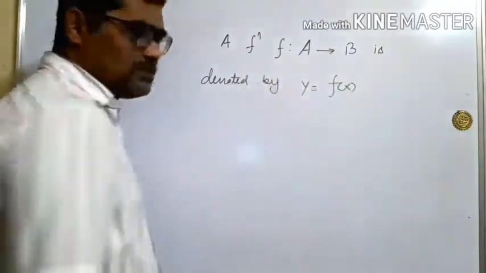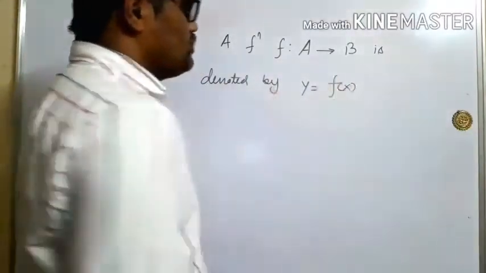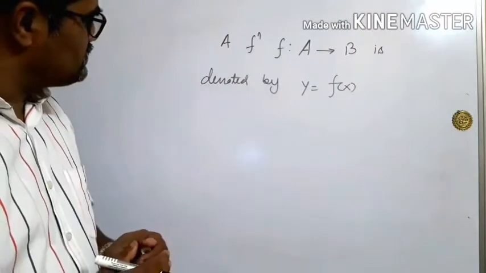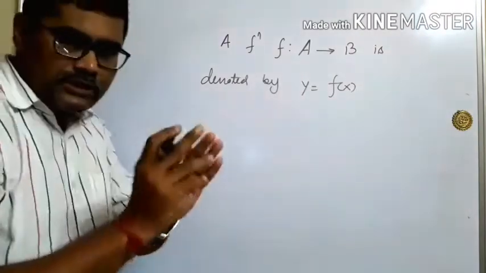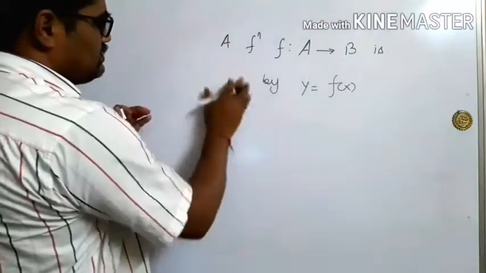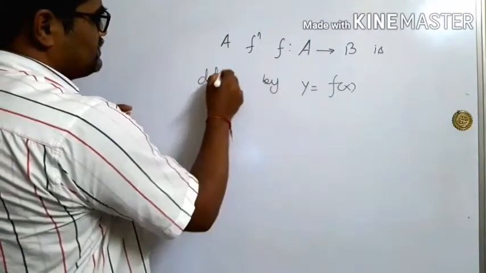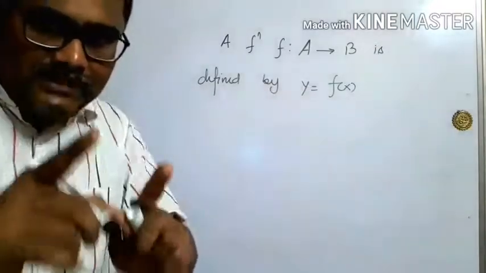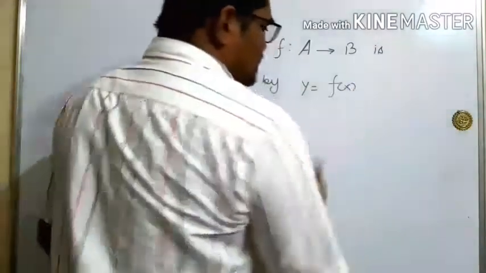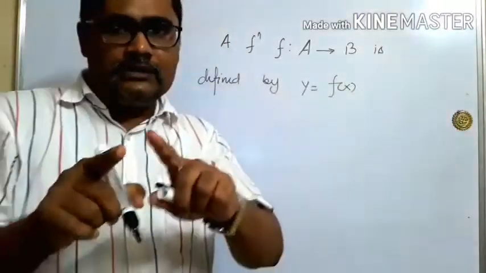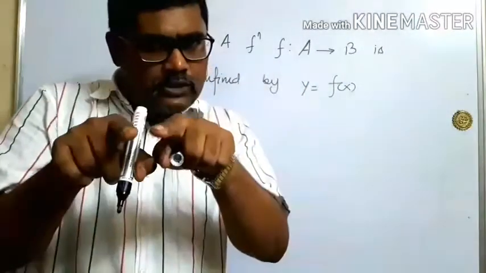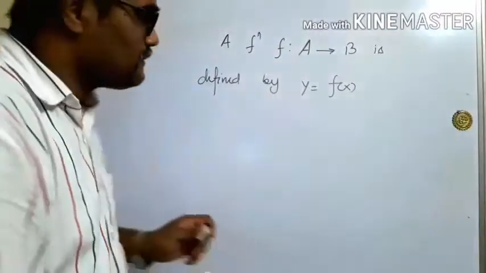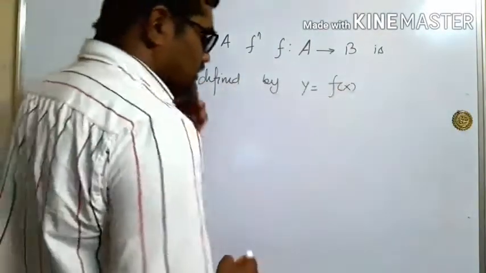Actually, this is also the symbolization. This is the rule, right? Do not write denoted, it will be a little incorrect. Defined by y equal to f(x). Here they tell you the criteria how y and x are related. That means input is related to the output, right? The way we define in the relation, right? So this is how we write.